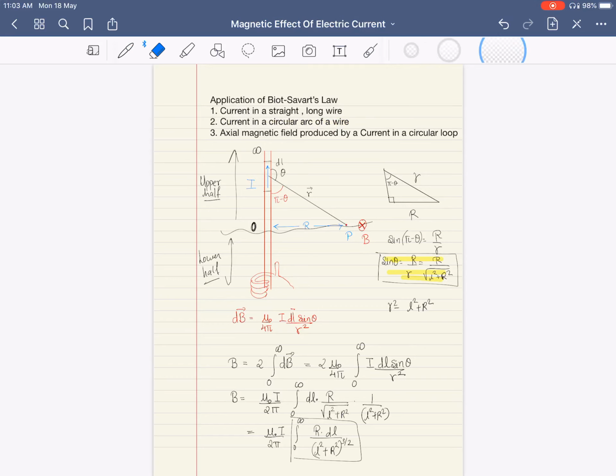In the last two classes, we did the first application and the second application. In this class, we'll be dealing with the third application, that is axial magnetic field produced by a current in a circular loop.